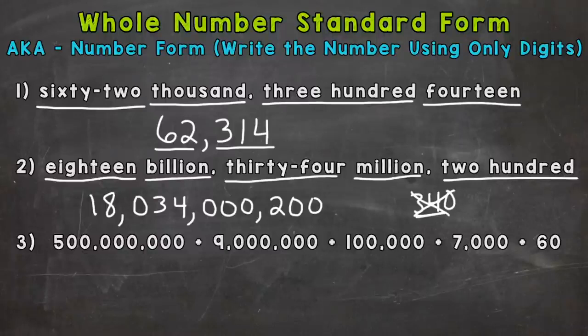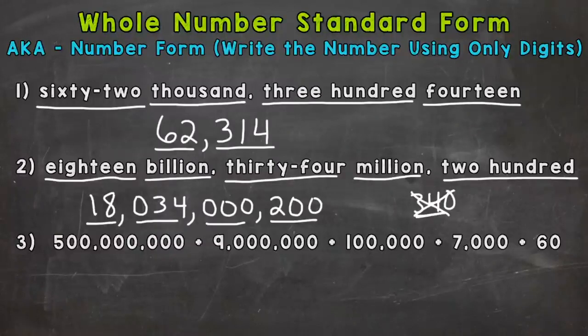So let's double check that that standard form matches our word form. 18 billion, 34 million, we don't have anything in the thousands period, and we wrap it up with 200. So we match there. Our standard form matches our word form.